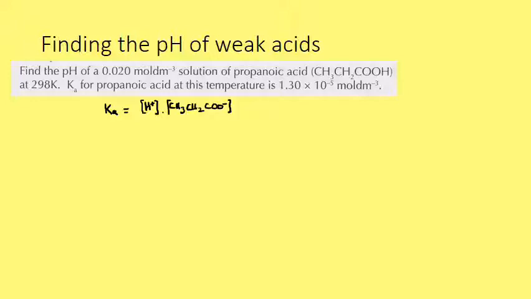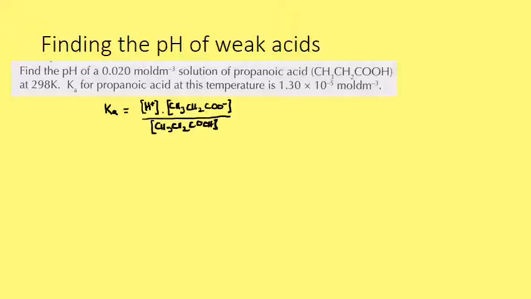Okay, so that is the other product in the equilibrium expression. And the denominator is the reactant, which is the acid particle, the propanoic acid. And so we'll write that like this. Propanoic acid at the top.